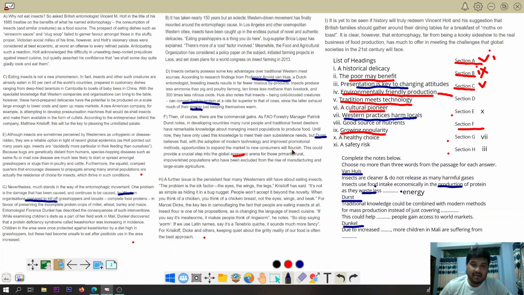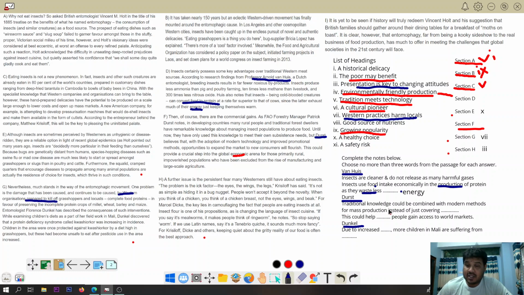So the answer might be somewhere here. So until now, they have only used this knowledge to meet their own subsistence needs. But Durst believes that the adoption of modern technology and improved promotional methods can expand the market to new consumers.